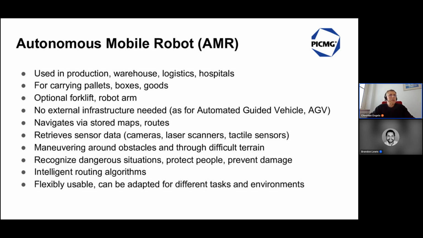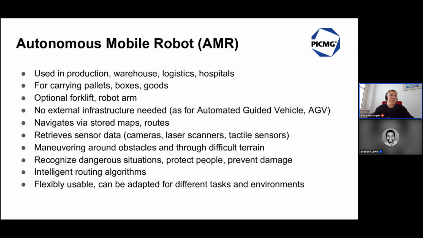And their purpose basically is to carry pallets, boxes, goods, and they may have some optional mechanical help like forklift function or robot arm. And I mean, they're very similar to what has been there for the last couple of decades called automated guided vehicles. But those AGVs actually need some sort of wiring in the ground in order to find their way. The autonomous mobile robots, they are just autonomous. They can find their way themselves.